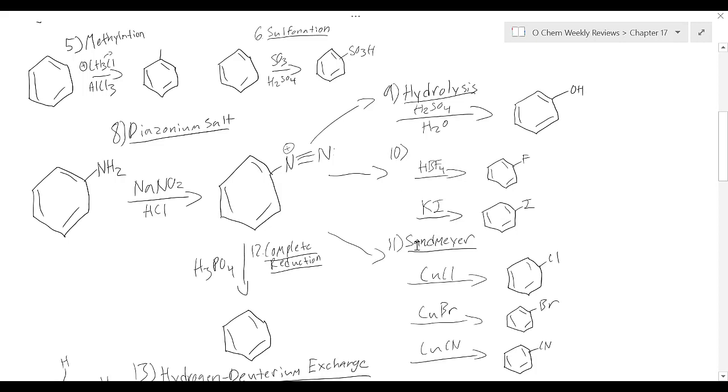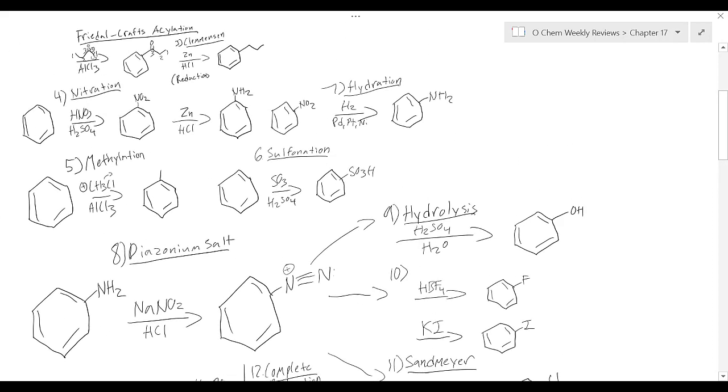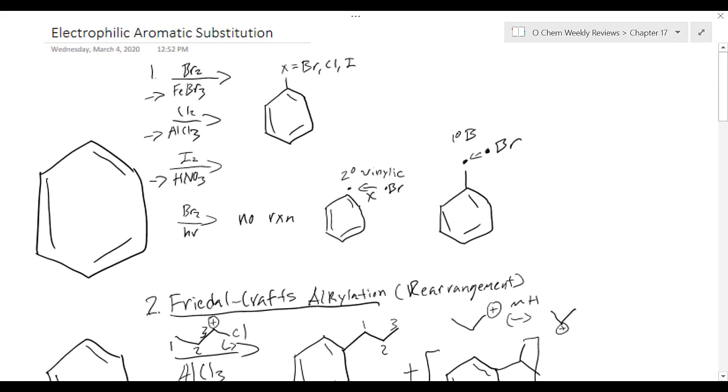Sandmeyer is all of the ones with copper, so CuCl, I get chlorine, CuBr, I get bromine, CuCN, I get cyanide. Okay. Now, if you notice, iodine, chlorine, and bromine could have been added just using our first reactions all the way up here.